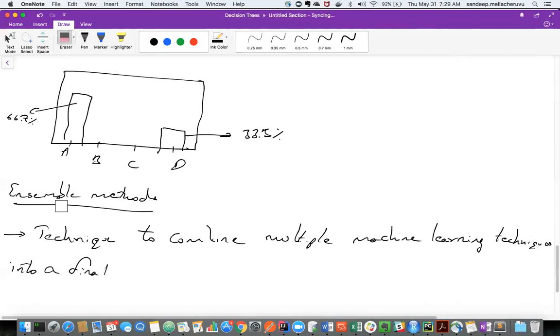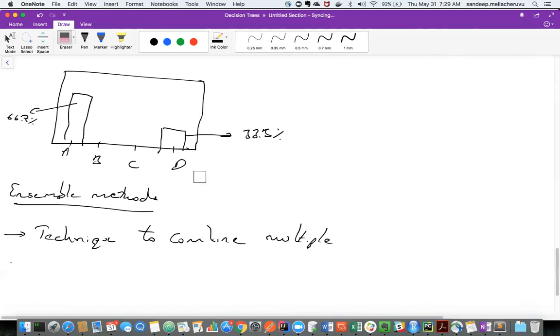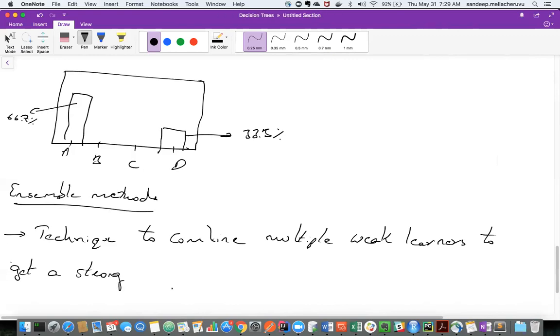Actually, this is not how we should define this. Let me change it. This is a technique to combine multiple weak learners to get a strong learner. What is this weak learner?